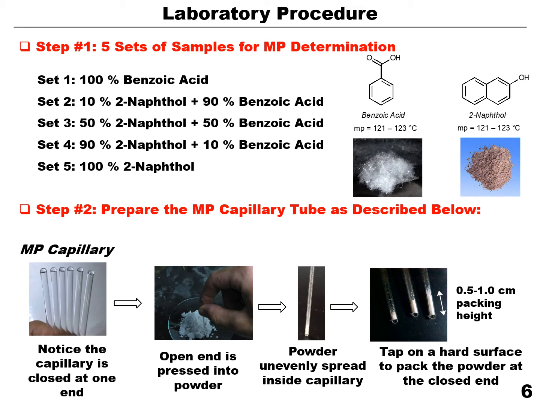And not only with coarse powder: if you do not pack your samples very perfectly, you may also have an uneven spread of the sample, which will end up giving a wrong reading in the apparatus.